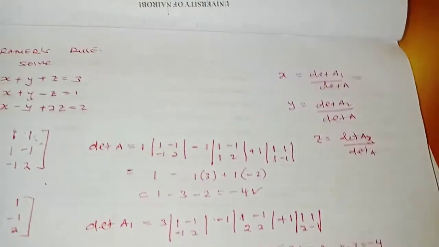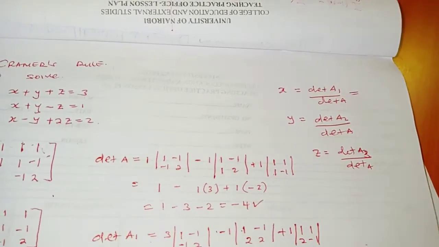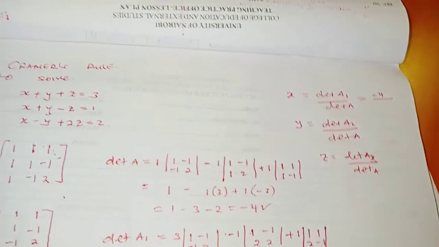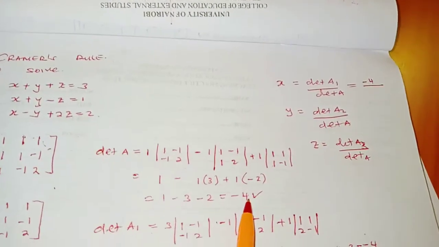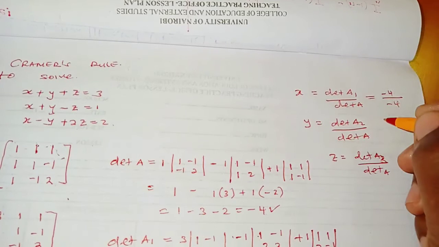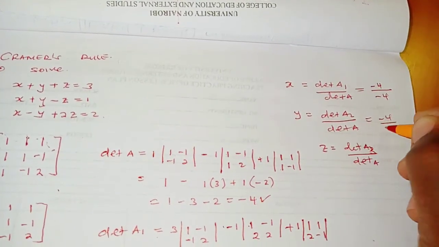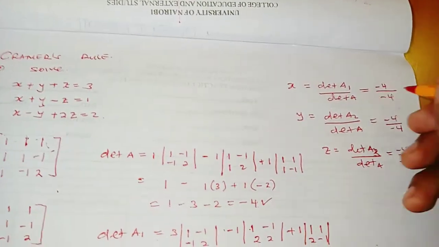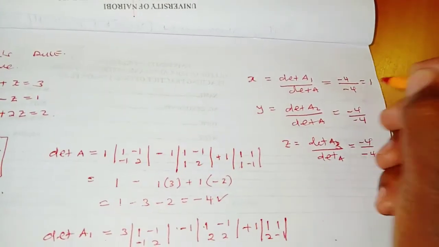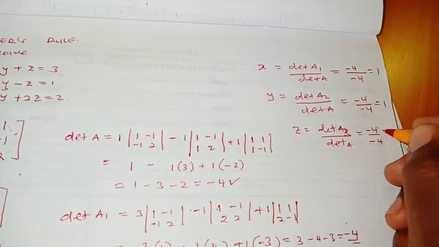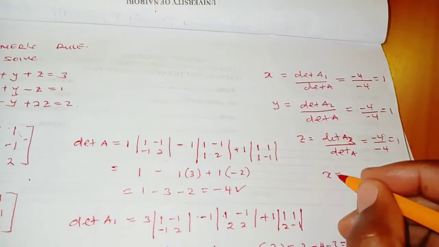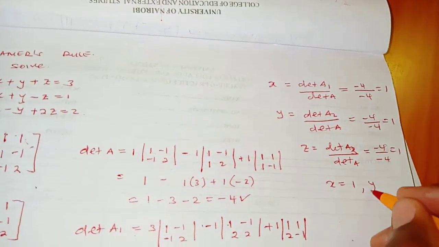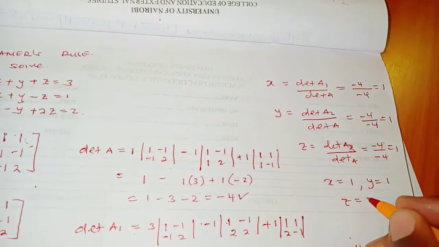The determinants of A sub 1, A sub 2, and A sub 3 are all negative 4, so we get negative 4 over the determinant of A, which was also negative 4. Here we have minus 4 over minus 4, minus 4 over minus 4. That gives us 1, 1, 1. So x equals 1, y equals 1, and z equals 1.